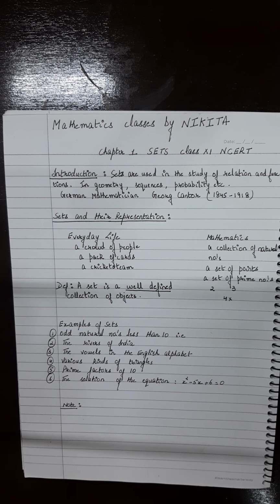See, by well-defined we mean a deciding factor through which we can decide whether an object belongs to the collection or not. So what is well-defined? Well-defined means a deciding factor by which we can decide whether an object belongs to the collection or not.